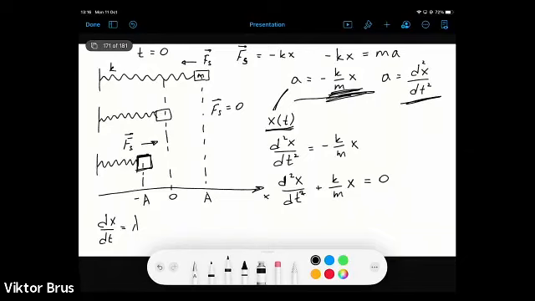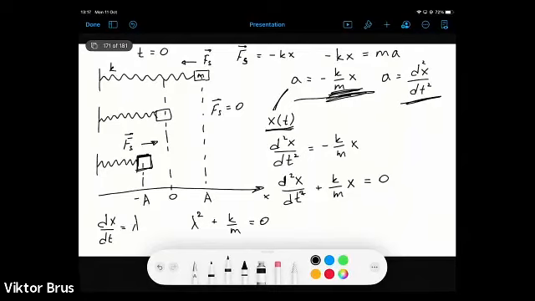So now we can rewrite this in terms of lambda, and that will be lambda squared, because we have the second derivative, plus k divided by m equals 0.